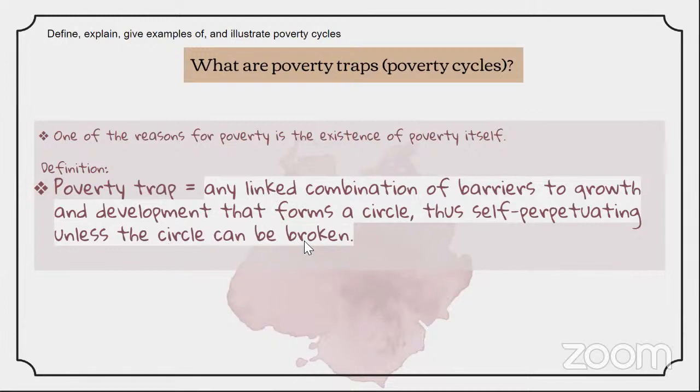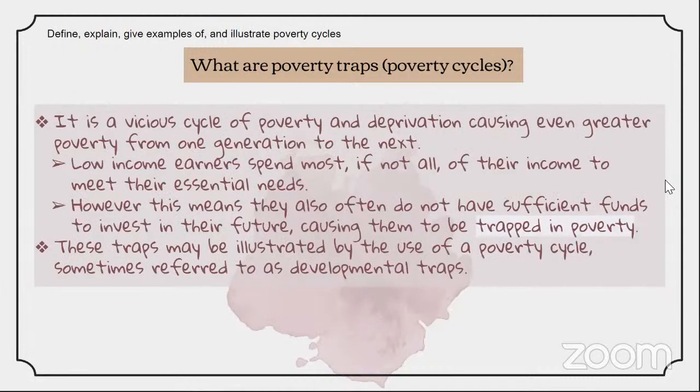The barriers to growth we will look at in more depth later. That is why it is called a poverty cycle, because it repeats and repeats unless something interferes so that people can escape the poverty trap. It is a vicious cycle of poverty and deprivation, and it causes even greater poverty from one generation to the next.